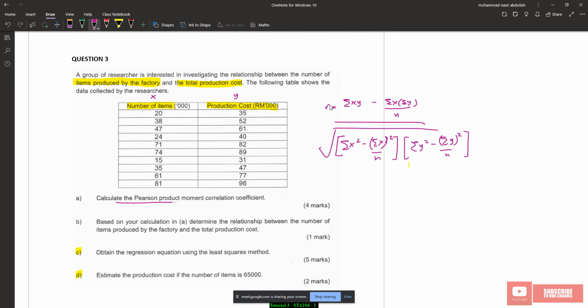Now you need to input the data into the calculator and find the values. So what is the value of xy?